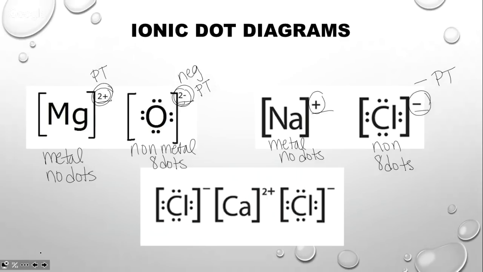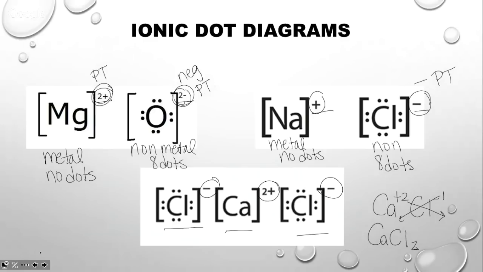If you do that, where the charge of the metal and the charge of the nonmetal are different, you can do one of two things. You can say, okay, well, when I crisscross and drop the signs, I get CaCl2, so I can then just draw 2 Cls and 1 calcium.